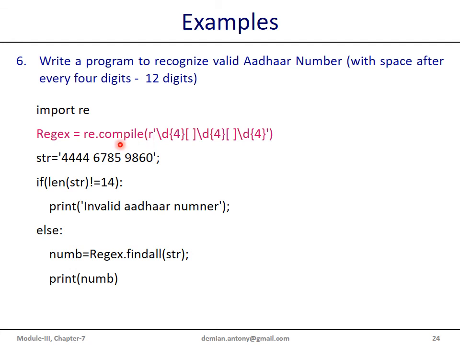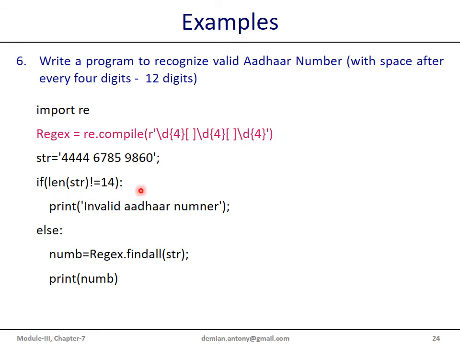Here is a very simple regular expression. We match the first 4 digits, then one space, then the next 4 digits, space, and the last 4 digits. Instead of this character class for space, you can use \s, which is also valid.